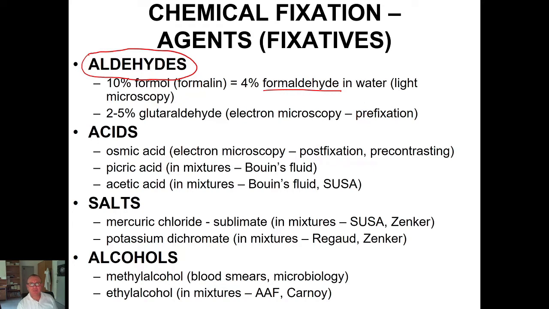Formaldehyde is used in a 4% water solution, which is called in histological laboratory language 10% formal, because formaldehyde is bought as a 40% solution, not pure, and so if we dilute this 40% solution 10 times, we'll get 10% formal or 4% formaldehyde.